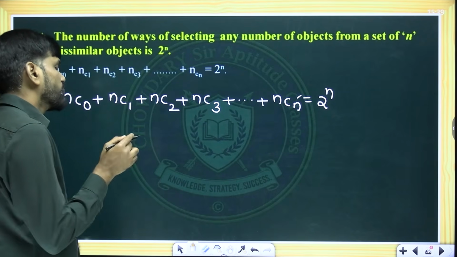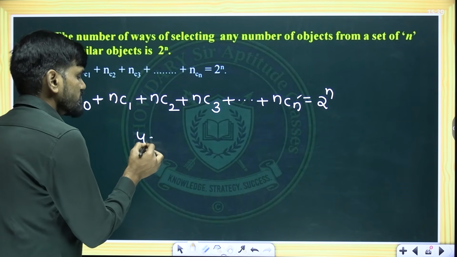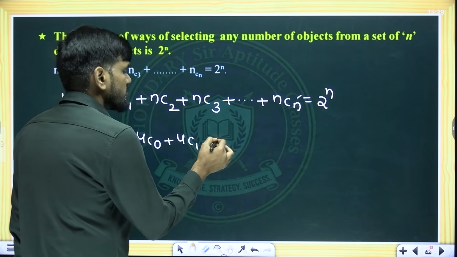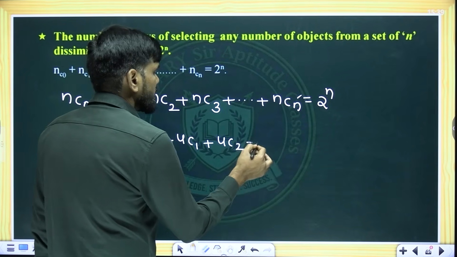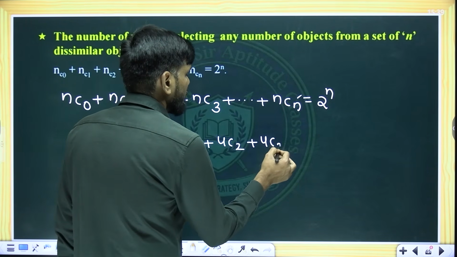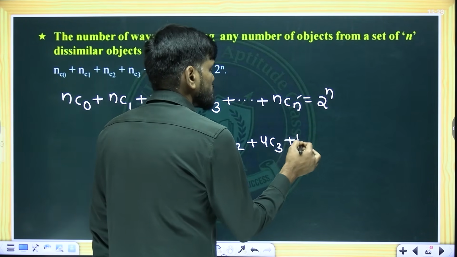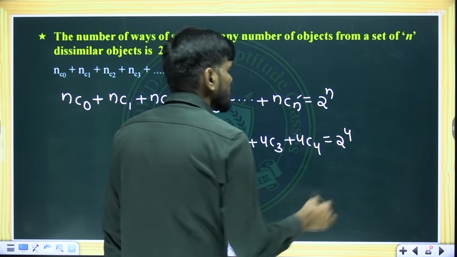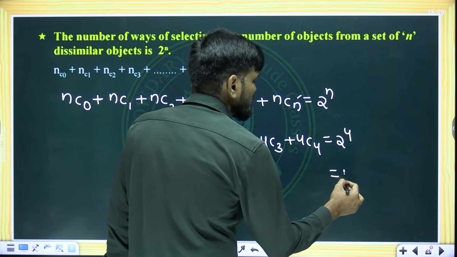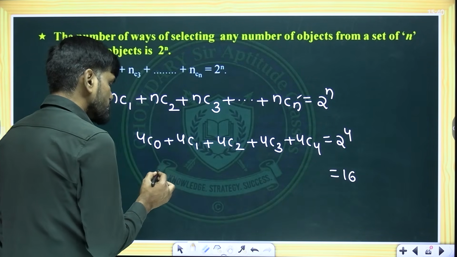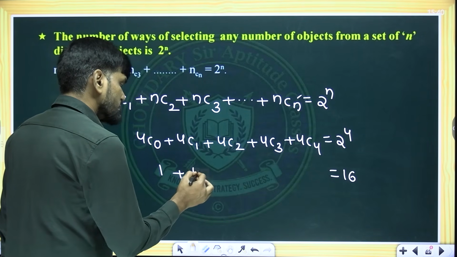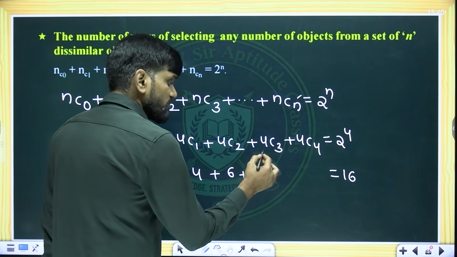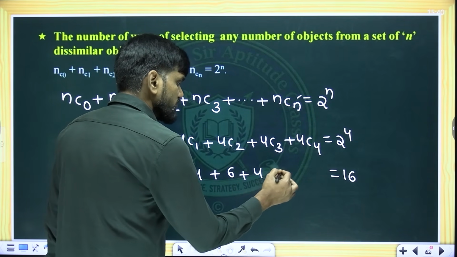So if you have 4 objects, let us say 4C0 plus 4C1 plus 4C2 plus 4C3 plus 4C4, you will get 2 to the power of 4. So 2 power 4 is what? 16. If you have a doubt, check. 4C0 is 1. 4C1 is 4. 4C2 is 6. 4C3 is 4. 4C4 is 1.